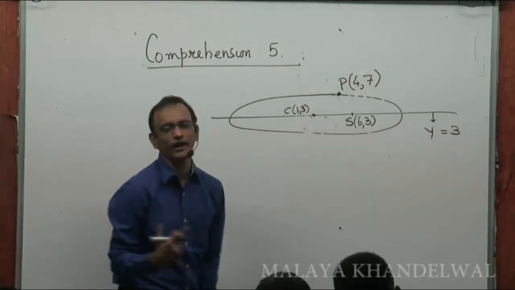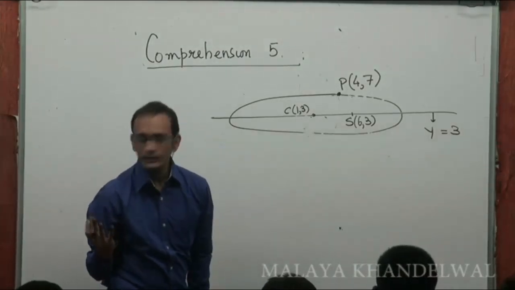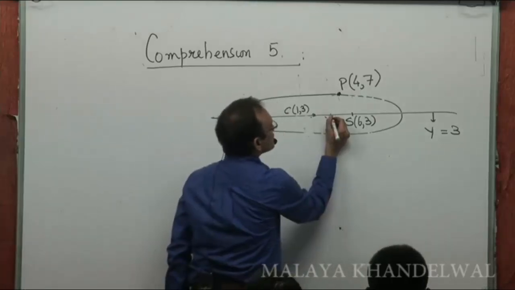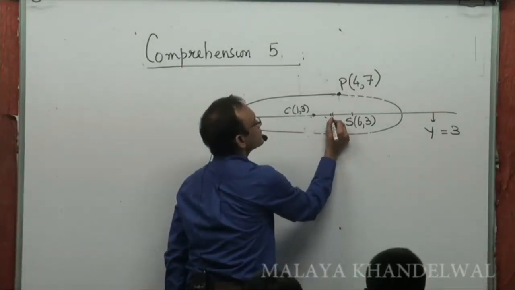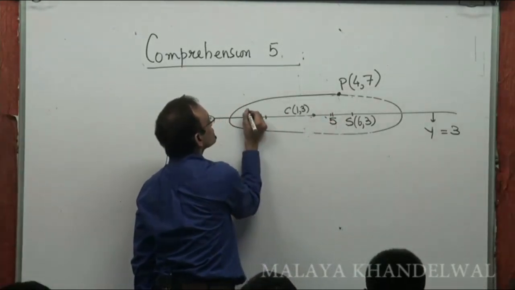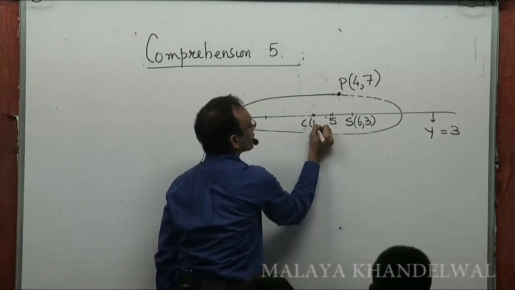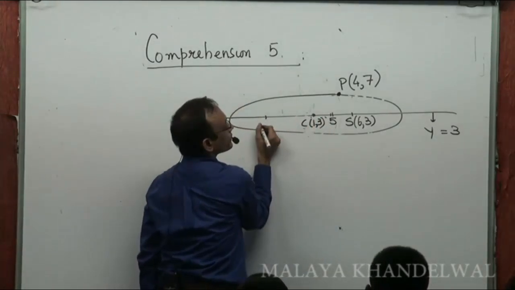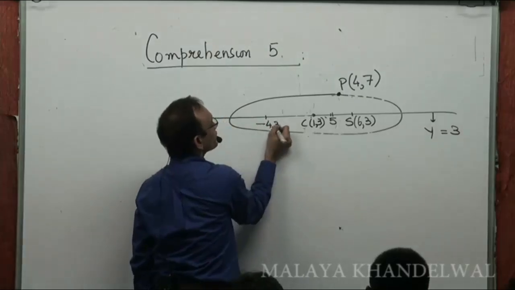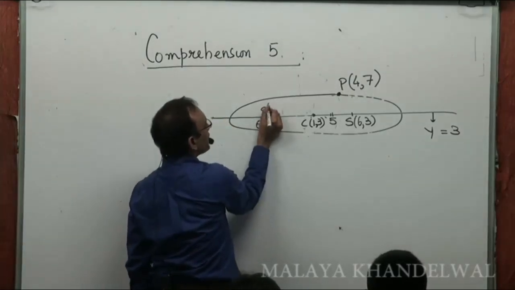So eventually we need to find A and B, right? Now this length is 5 units, as you can see. That means the other focus S prime would be (minus 4, 3). That will be the other focus S prime.